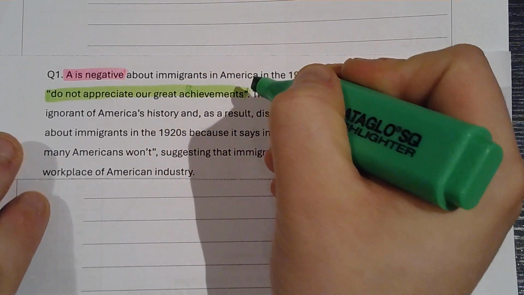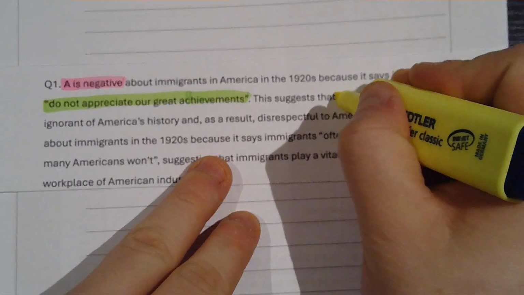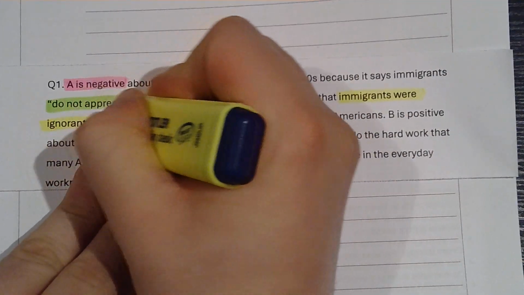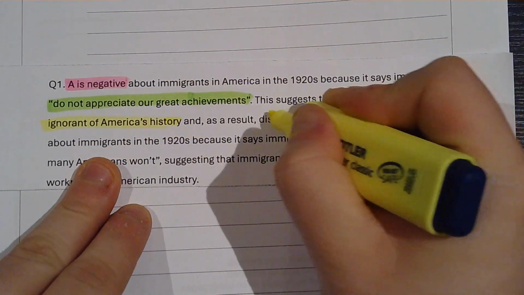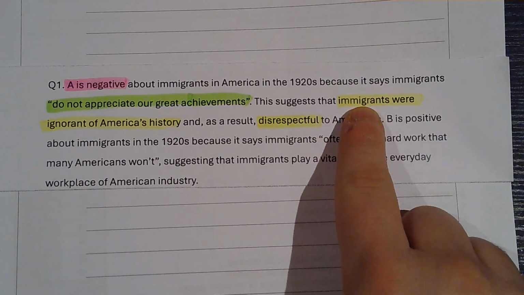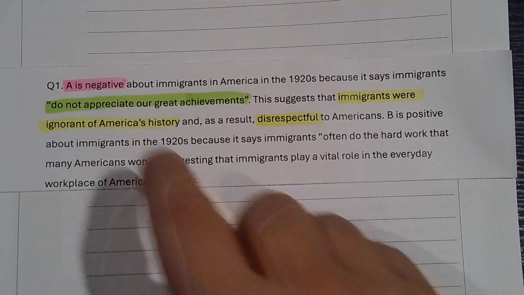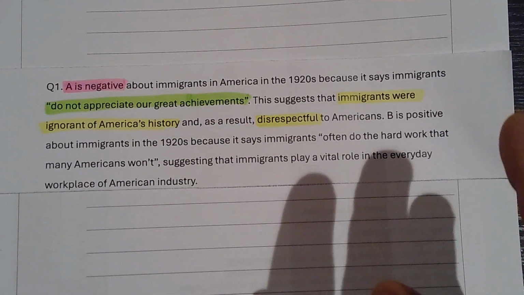So I said it's negative, I've used a quote. Then I need to say what this suggests. So I said this suggests that immigrants were ignorant of American history and as a result disrespectful to Americans. Nowhere in the interpretation does it say immigrants were ignorant or disrespectful, but those are words that I've picked out.